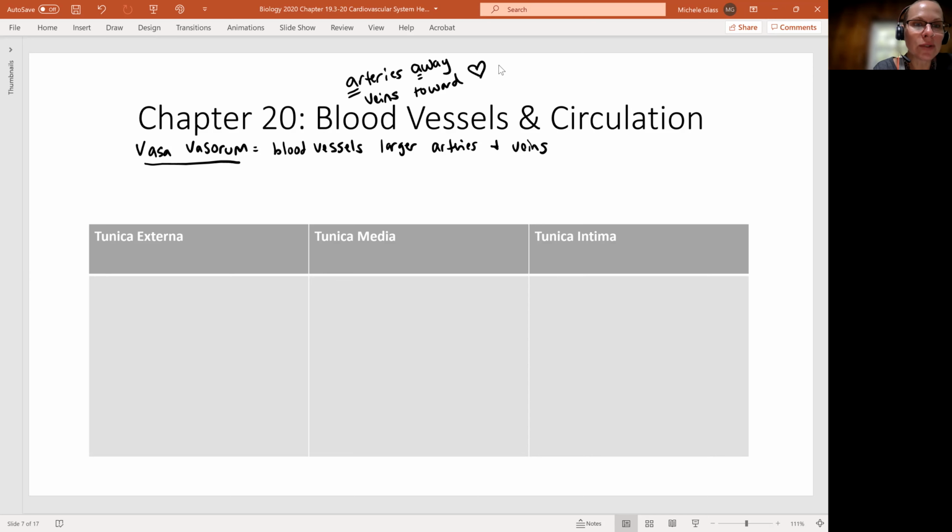And then we also see that they're going to be innervated. And so we have what's described as a nervi vasorum.